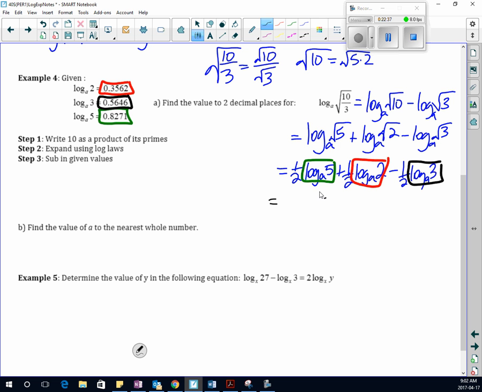It's a 1/2 to both. I was going to do that, but I didn't want to confuse anybody. So 1/2 times 0.8271 plus 1/2 times 0.3562 minus 1/2 times 0.5646, and then I'm going to grab my calculator. It's probably easier if you did factor out the 1/2 and you don't have so much to deal with, but it's all good.